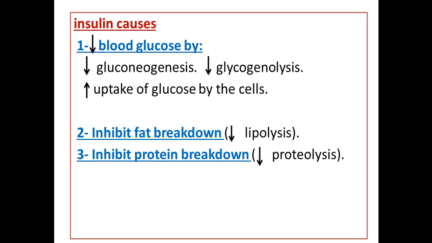So as we said, insulin decreases blood glucose by decreasing gluconeogenesis and glycogenolysis, and increasing uptake of glucose by the cell, and it inhibits breakdown of fat, which we call decreased lipolysis, and inhibits protein breakdown, which we call decreased proteolysis.